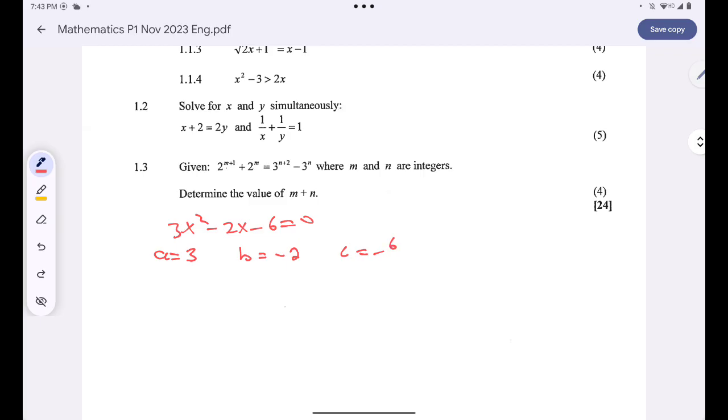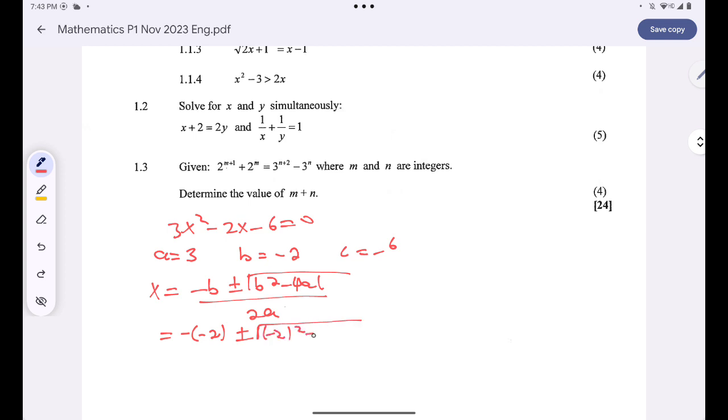All right, together. So all I need to do is to just substitute on the equation that says x is equal to minus b plus minus the square root of b squared minus 4ac all over 2a. So the value of b is negative 2 plus minus negative 2 squared minus 4ac all over 2a.